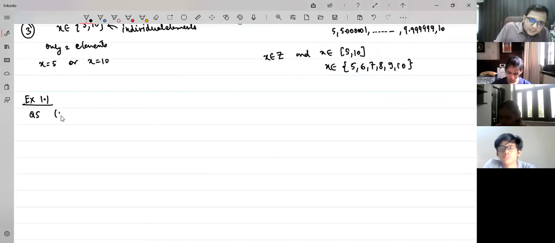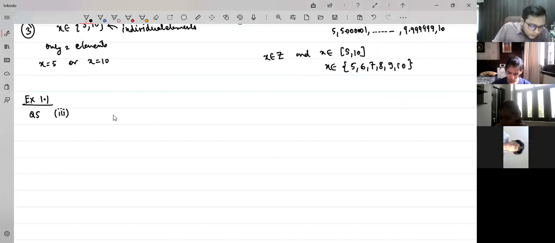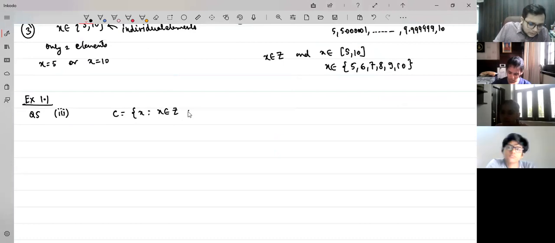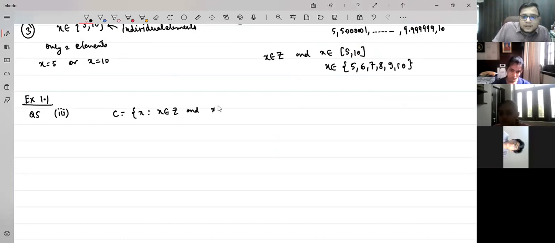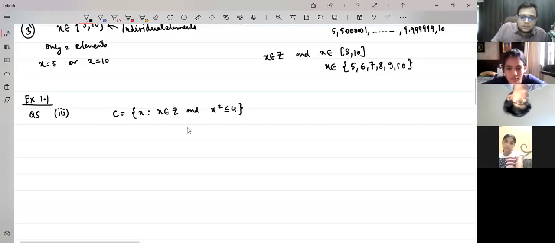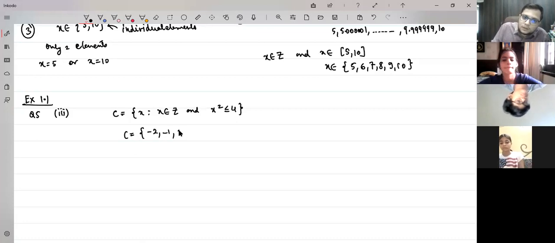It says C, where x is an integer and x square is less than or equal to 4. Such integers whose square is 4 or less than 4, so I will be getting C equals -2, -1, 0, 1 and 2.